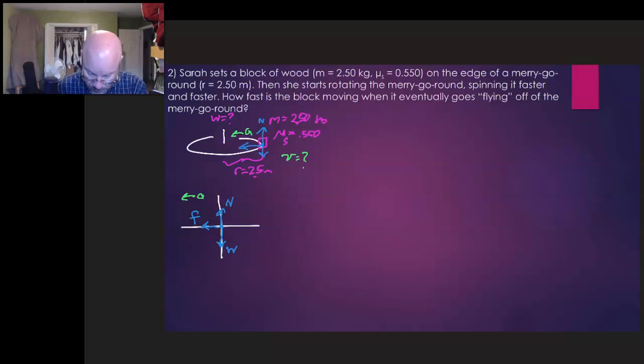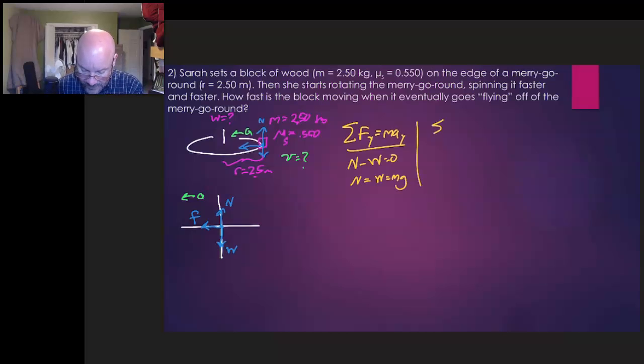Let's use this color. If we start with the y components, we've seen this before: the sum is 0, so N is just the weight, which is mg. Now let's look at the horizontal forces.